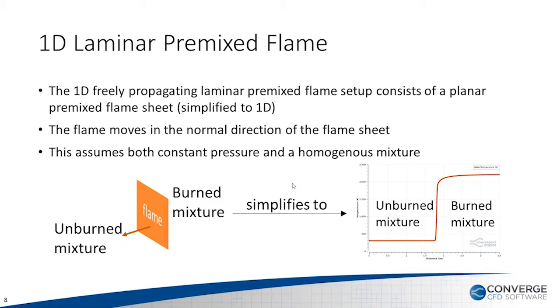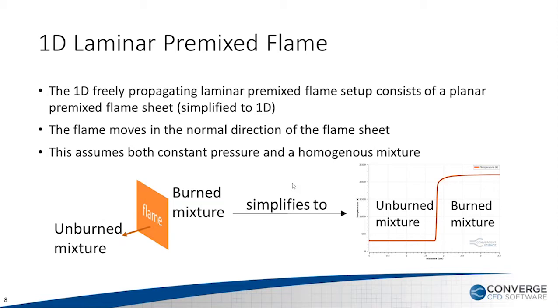What exactly is the laminar premixed flame we're solving here? So first, it is a 1D freely propagating laminar premixed flame. So basically, if you look at the flame, you can think it is a planar premixed flame sheet. And in this way, we can reduce a 3D problem to a 1D.